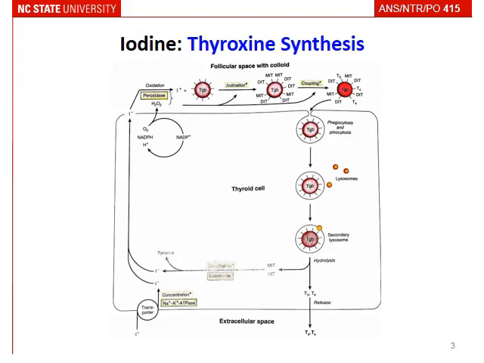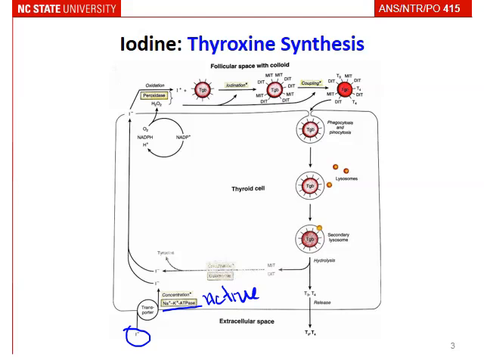Only thyroid cells can do this. So down here, our iodine enters the cell using the iodine transporter. I'd like to note that it uses sodium potassium ATPase, so this is active transport. We need to use energy to get iodine within the cell.